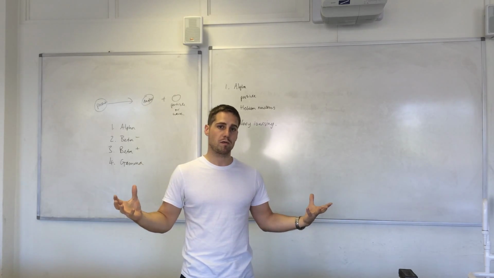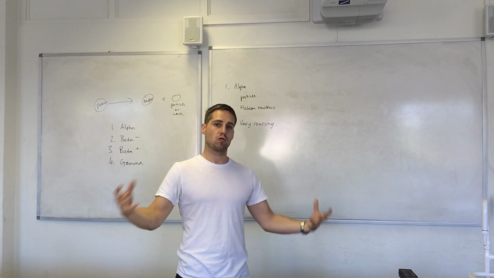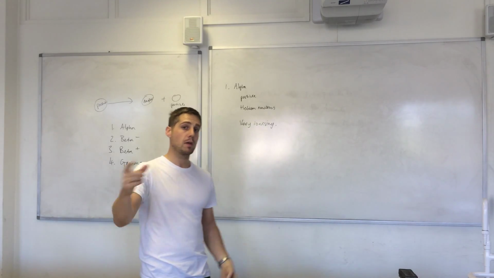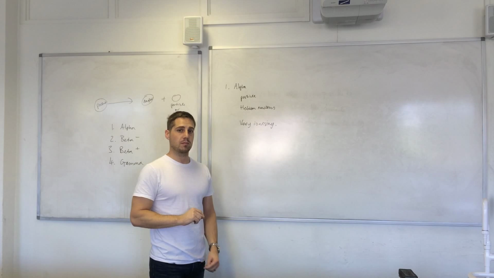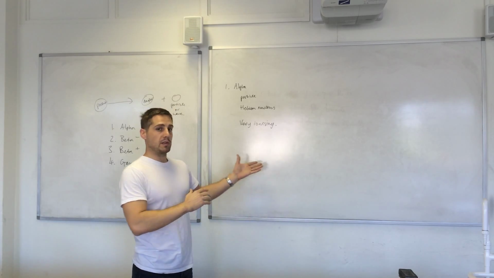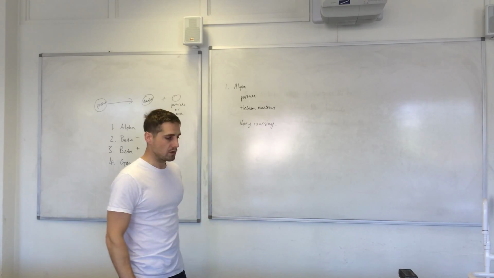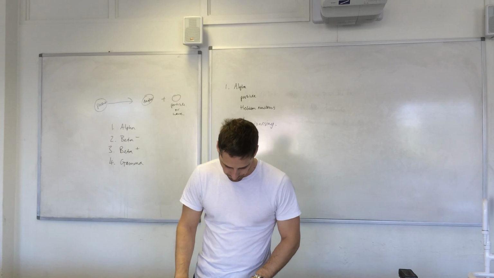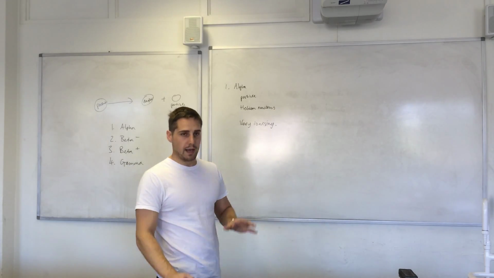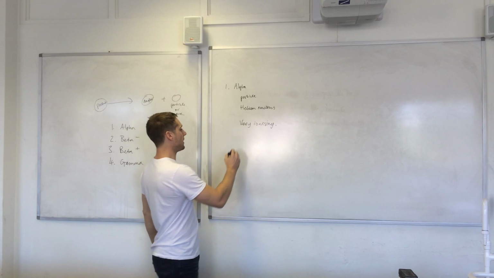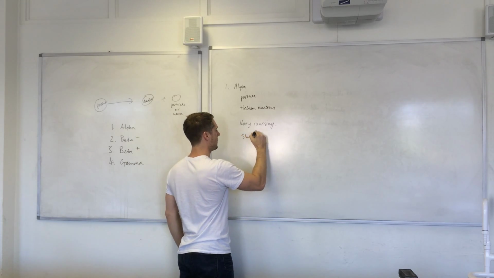So it's got a lot of potential to draw electrons away from the surrounding atoms and therefore turn them into ions. It's got a lot of potential to do that, so it's very ionizing. However, it cannot travel very far, okay, so it has a very short range.